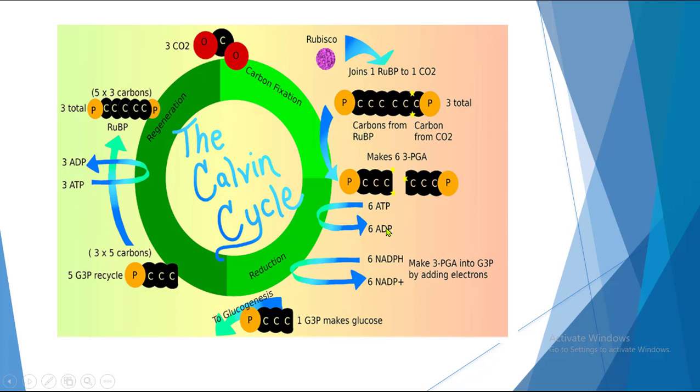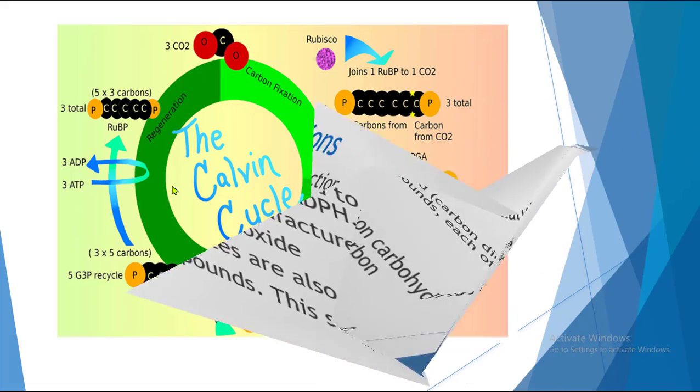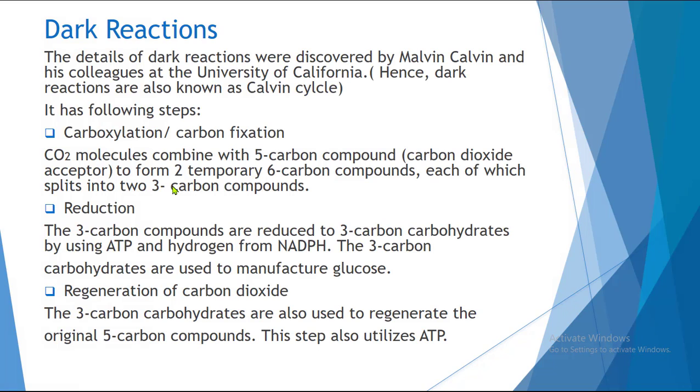They utilize ATP and NADPH and form G3P, glyceraldehyde 3-phosphate. This G3P is going to form glucose in the process known as gluconeogenesis in the liver, and the remaining G3P molecules are going to regenerate the initial carbon dioxide acceptor. So this was all about the Calvin cycle or dark reactions.